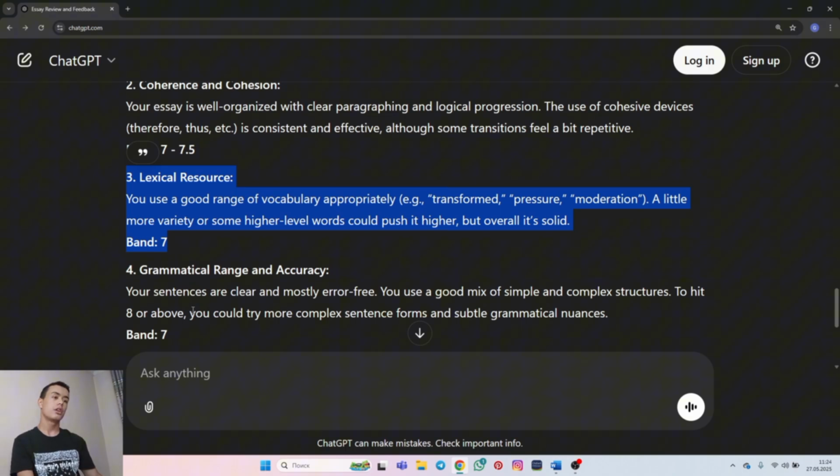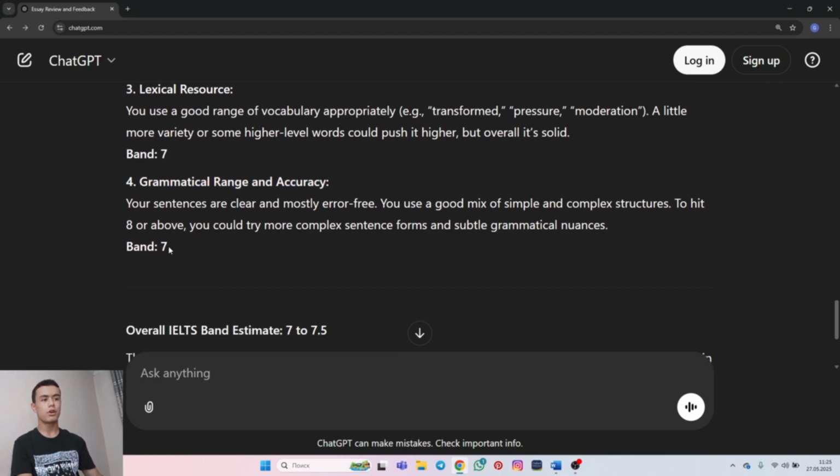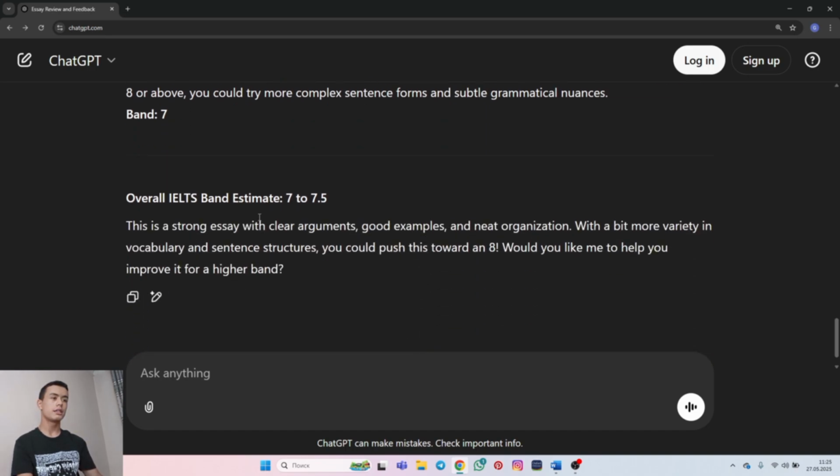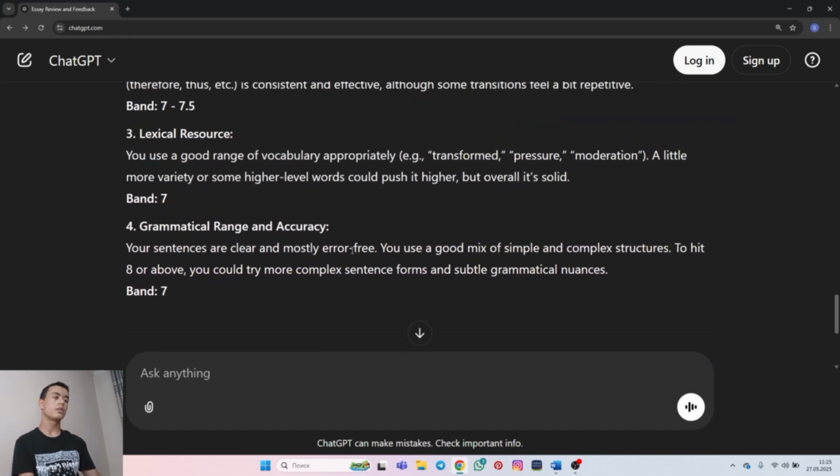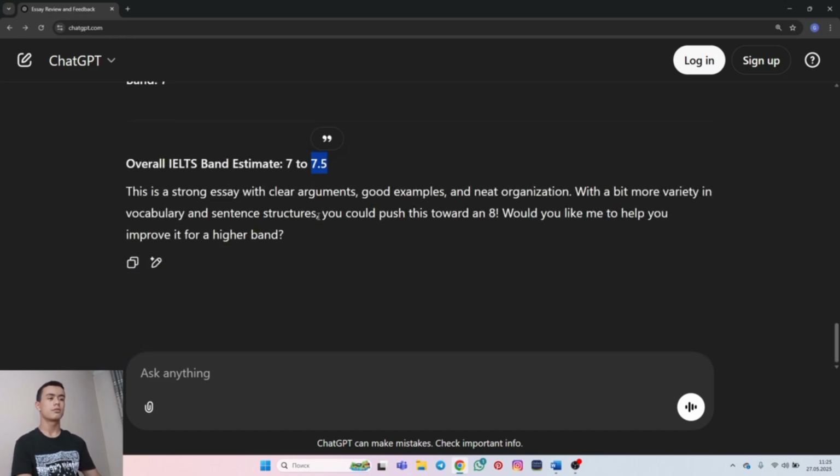For example, for grammar, you can use a high level of grammar instead of just using when people or just people, if or when, or even inversion. And the overall IELTS band estimate is 7 to 7.5. I think it can easily be 7.5 because we have just made a really good essay.